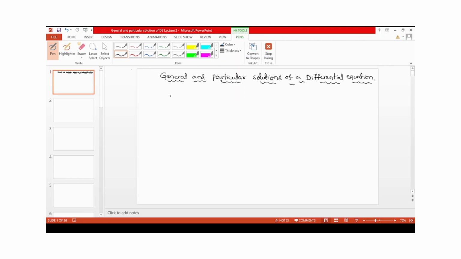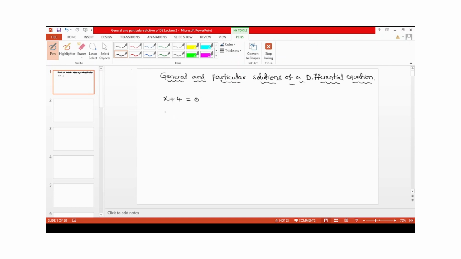So the main focus is exercise 9.2. First, let me explain what general and particular solutions are. Generally, for an equation, you know what a solution is, right? For example, x plus 4 is equal to 0 is an equation. What is the solution of this equation? Minus 4.